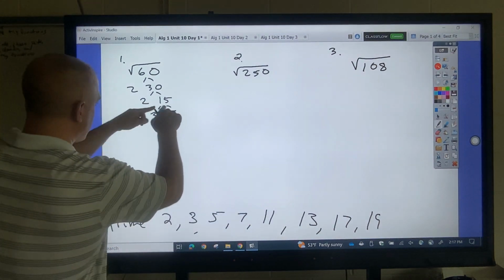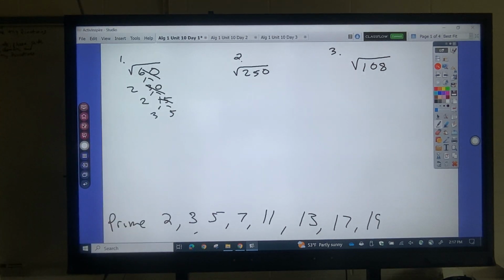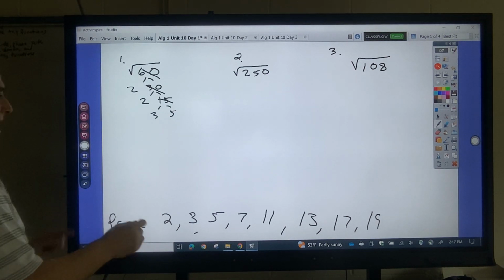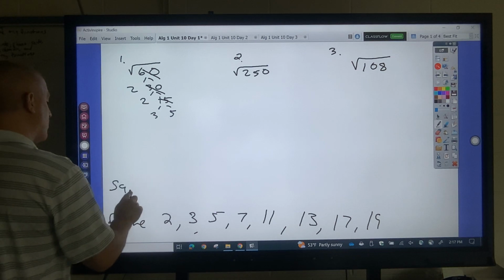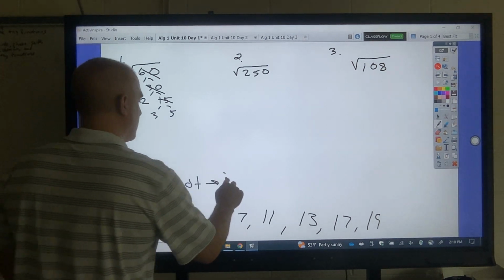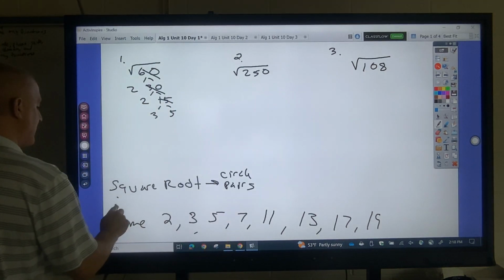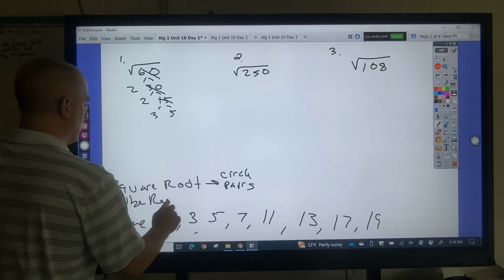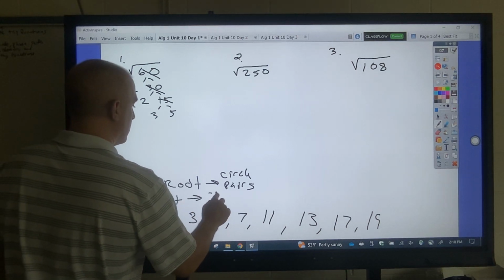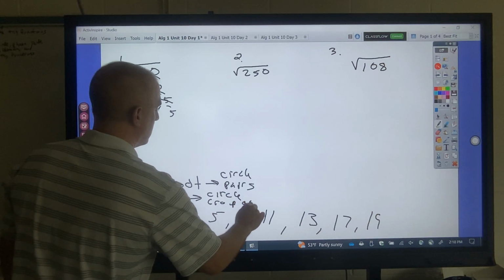And then I cross off anything with a double branch, okay? Now, if I have a square root, I'm circling pairs, okay? If I have a cube root, I'm circling groups of 3, all right?